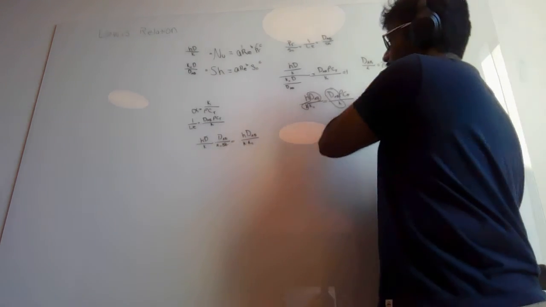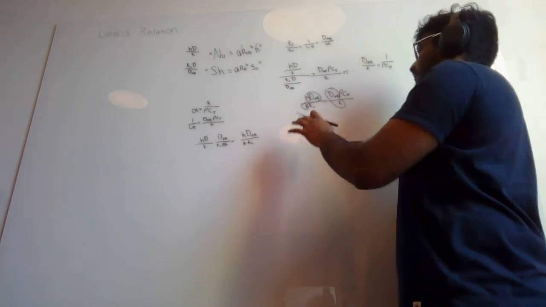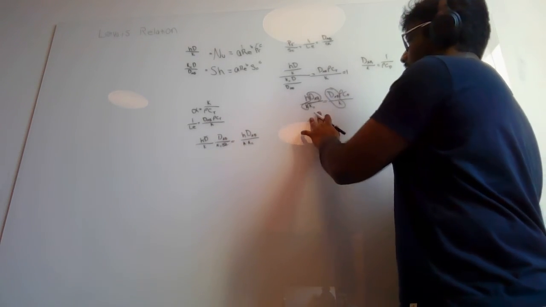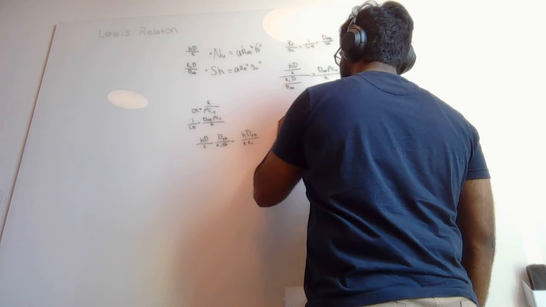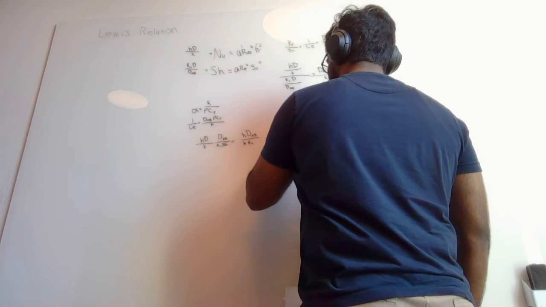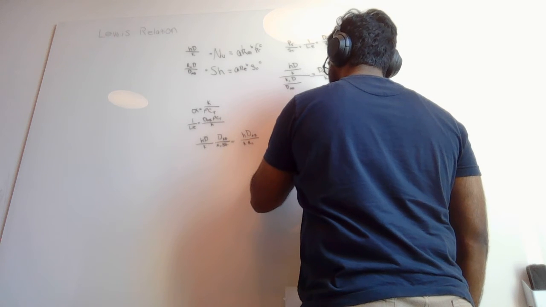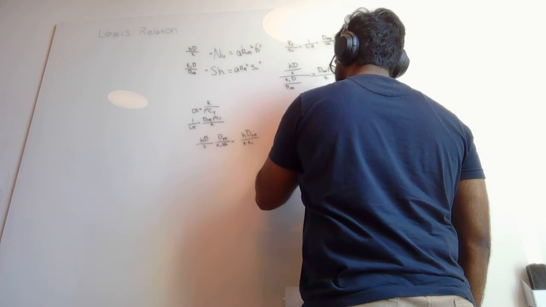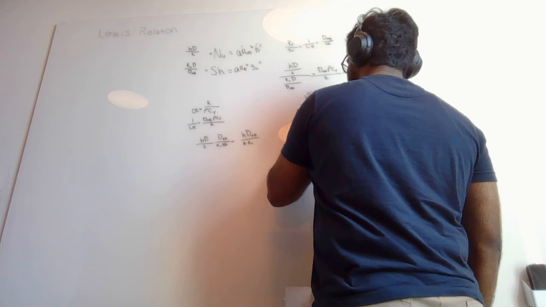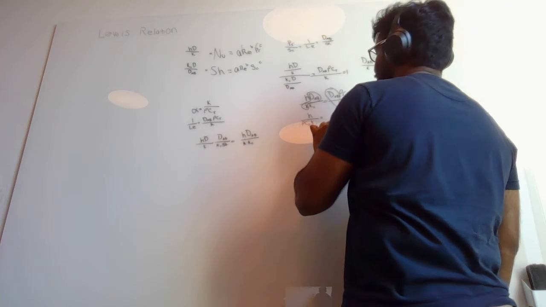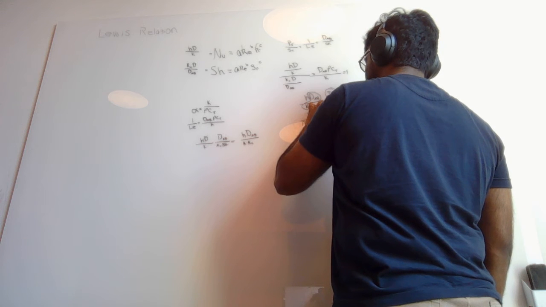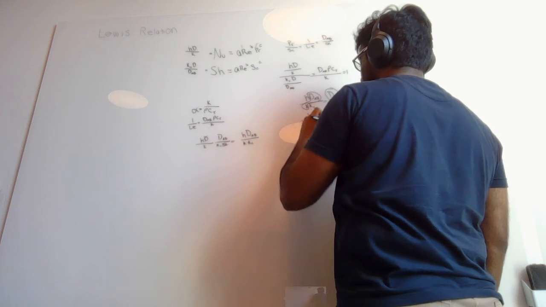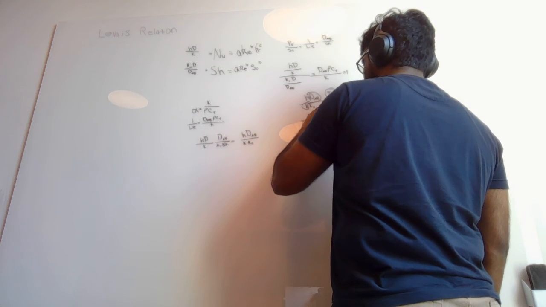So now we have that relationship. We go ahead and plug that relationship into our expression here, and we get the heat transfer coefficient divided by density times heat capacity times the mass transfer coefficient equal to density times heat capacity divided by density times heat capacity.